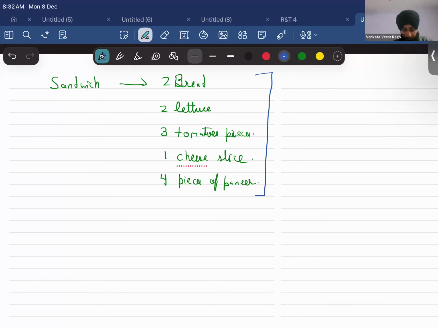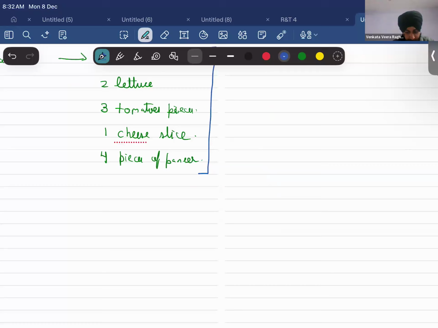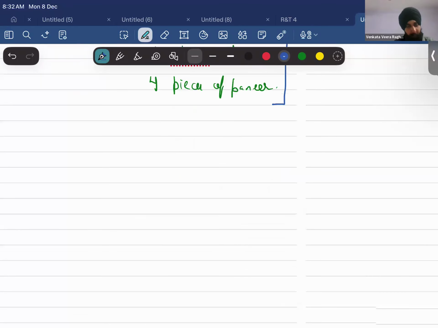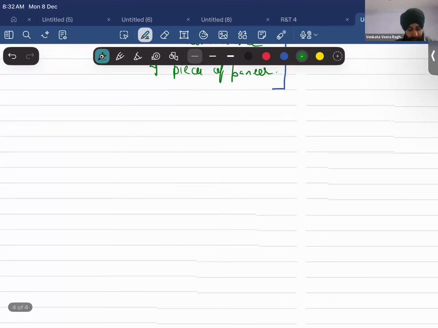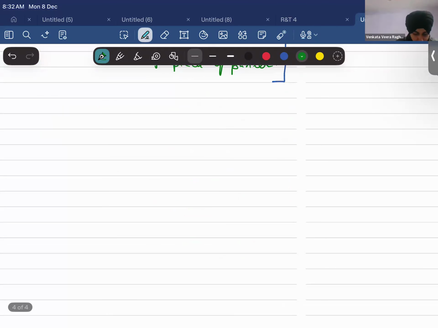Now let us say that someone else is there who doesn't know how you like to eat sandwich. I like to eat it this way. But someone else gave you 6 pieces of bread.